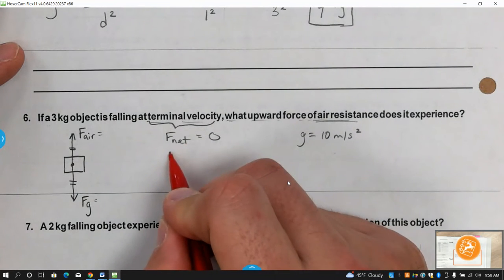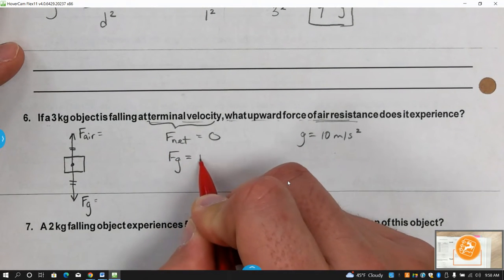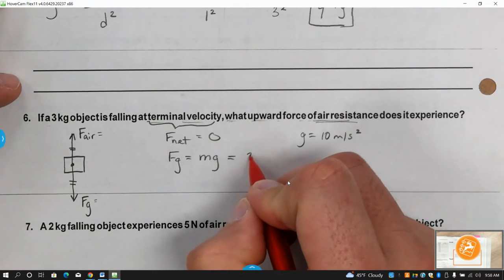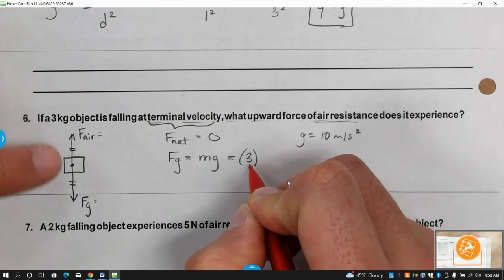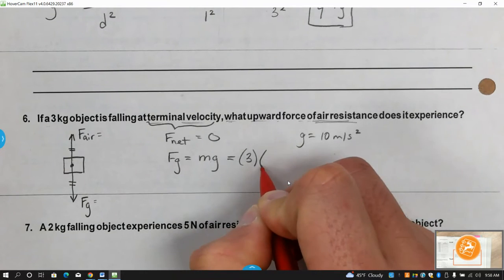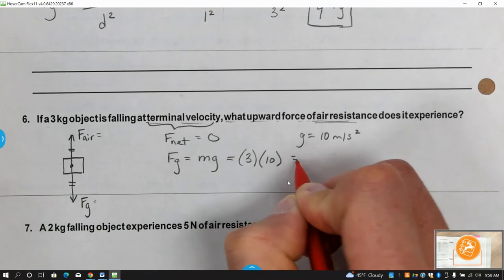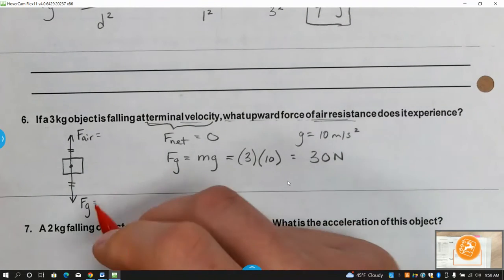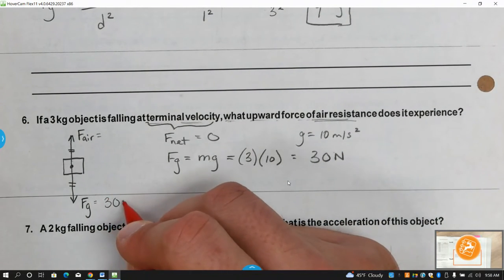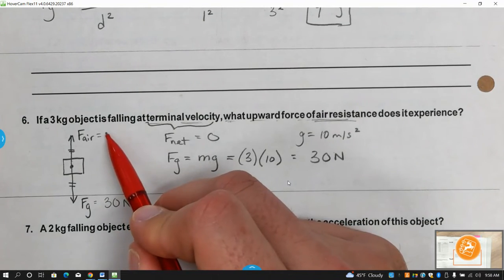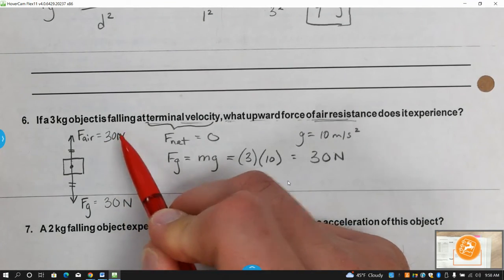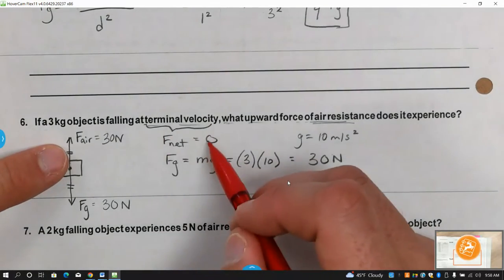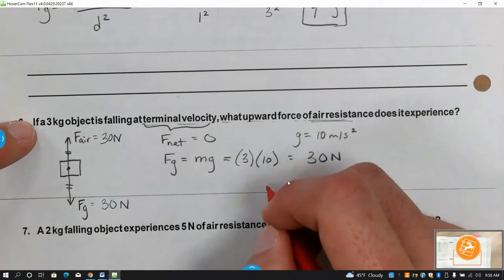To find the weight of an object, mass times gravity, the mass is 3 kilograms, and if g is 10, what is the weight? 30 newtons down, and air resistance would therefore have to be 30 newtons up, because they are at terminal velocity and the net force is 0, so they have to be equal.